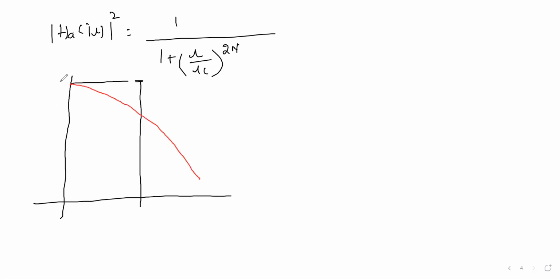This is the magnitude 1, and this is your 3 dB cutoff frequency, so this is 1 by root 2. This is for some value of n. If you plot this equation, equation A, for any value of n, it's not a problem, then you will get the plot like this. It's monotonically decreasing.